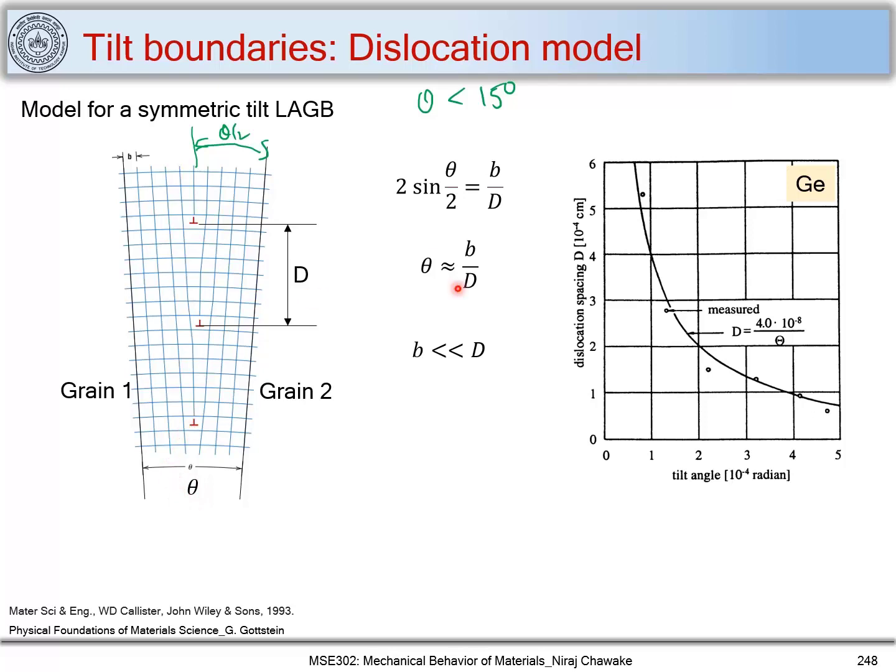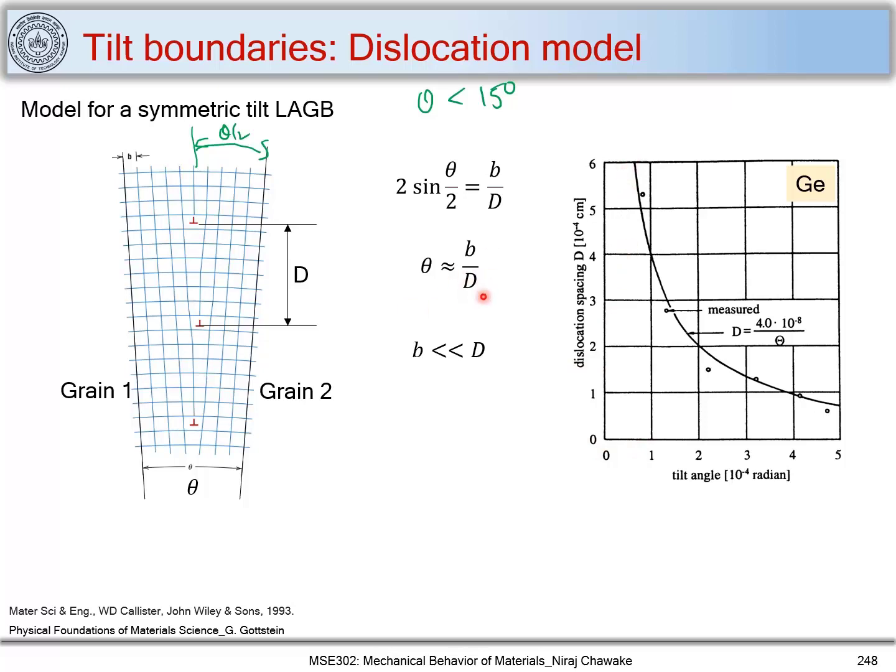Now what you find is that if I decrease this d spacing, if I try to bring these dislocations together, the tilt angle is increasing. Or when I want a small misorientation, I can have this d to be large.